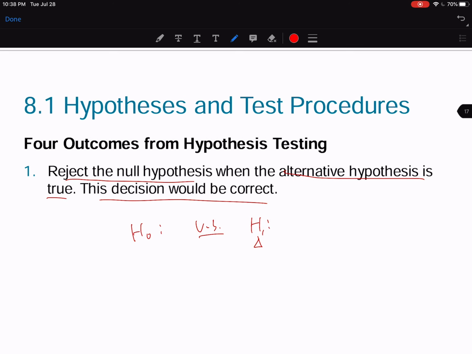If we do find evidence to support it, of course we're going to reject the null hypothesis, and from this we're going to have a correct result. So this is the first possible outcome: reject the null hypothesis when the alternative hypothesis is true.